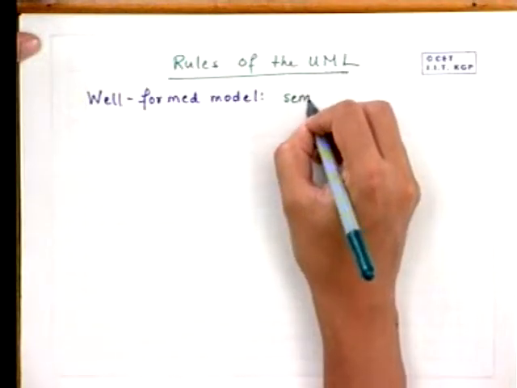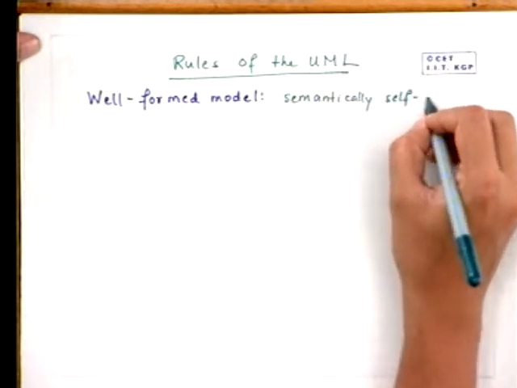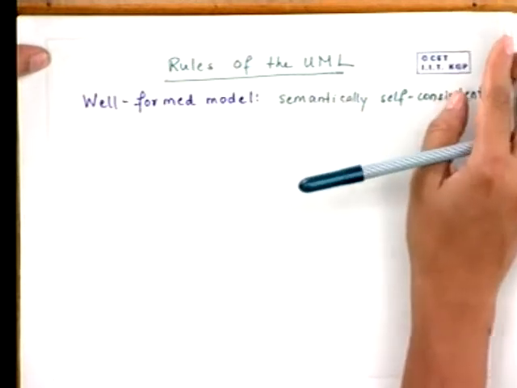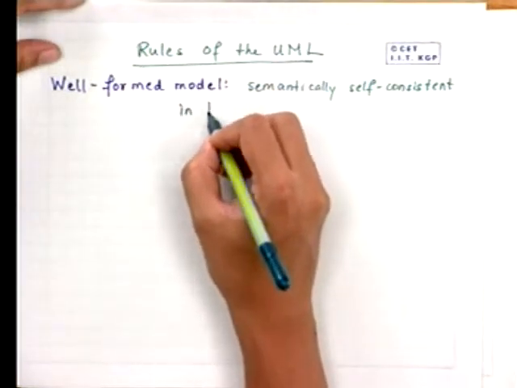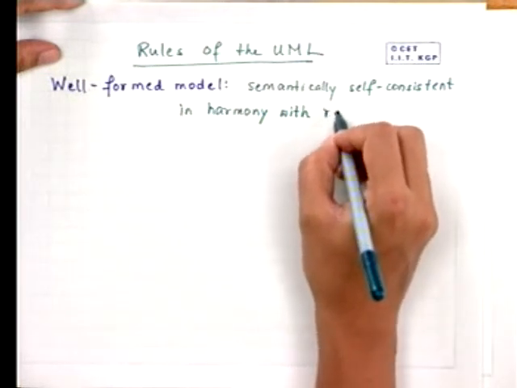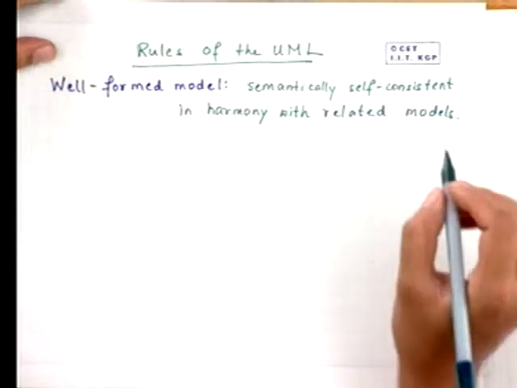A well-formed model is one that is semantically self-consistent, and in harmony with the related models. And the rules of UML are such that they encourage you but do not force you to form well-formed models.